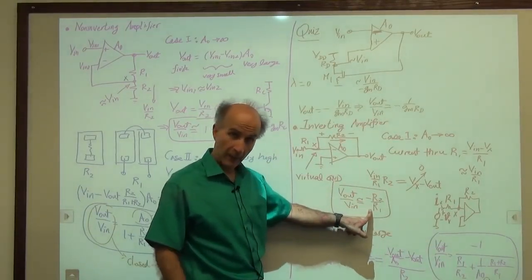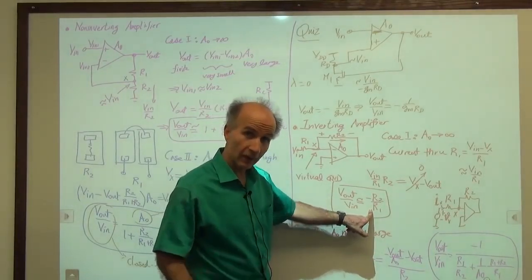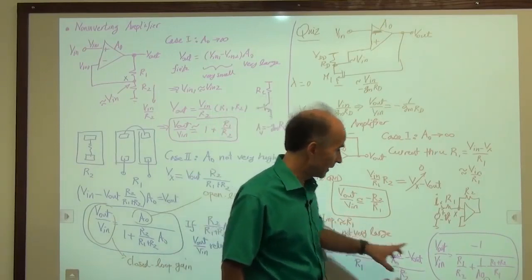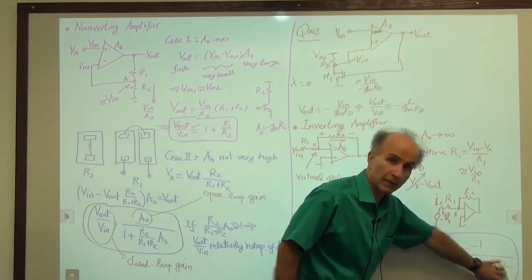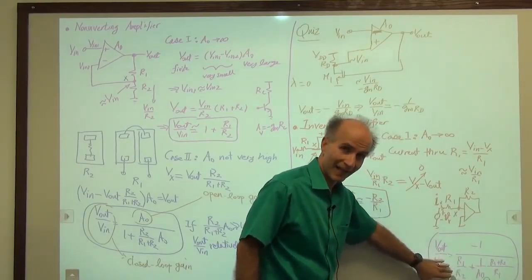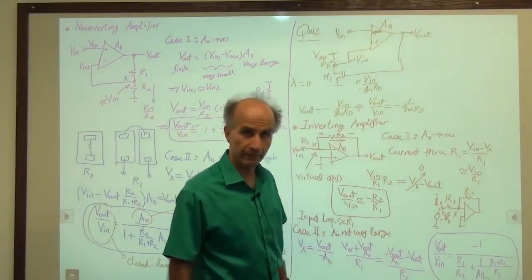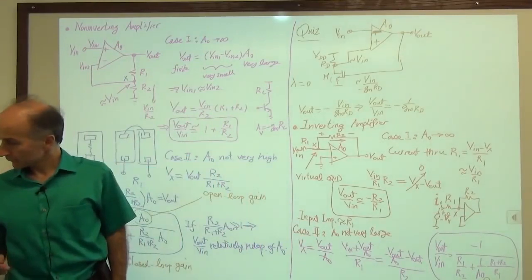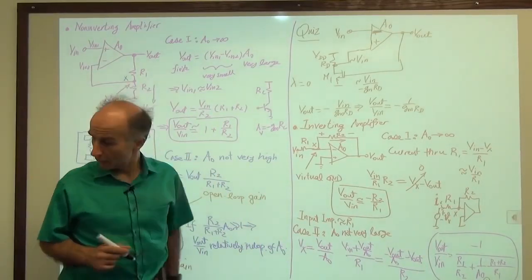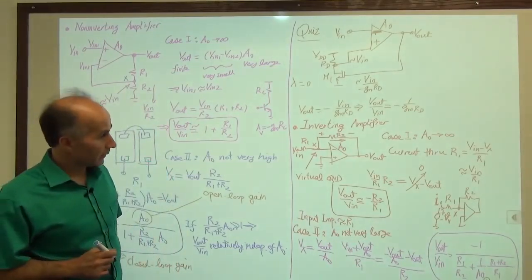So that makes sense. That also gives us the condition for this equation to hold. The condition is that we want the second term to be much less than the first term. All right? Okay.